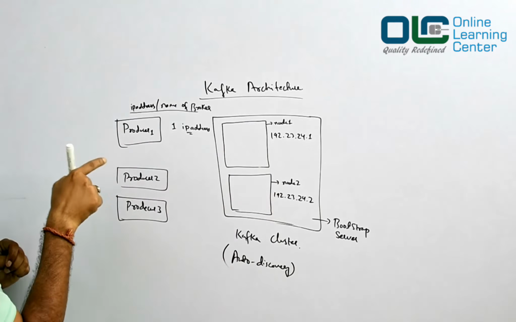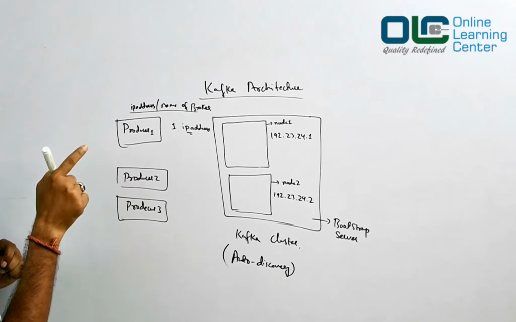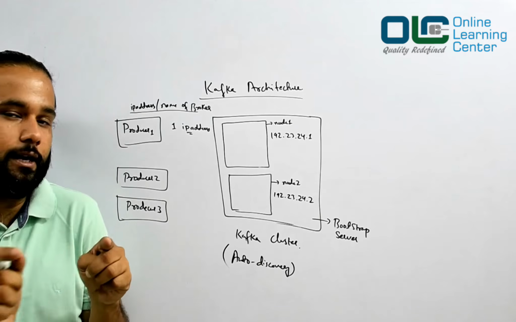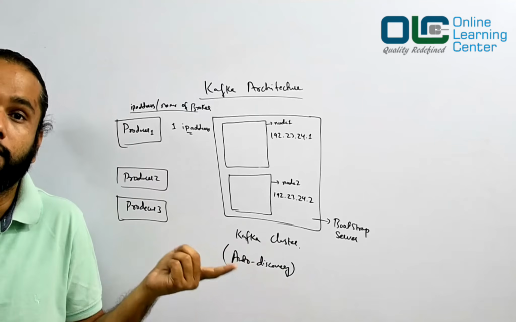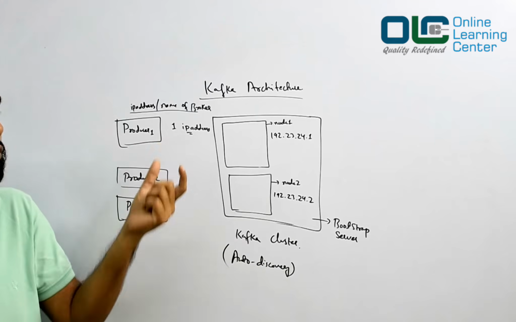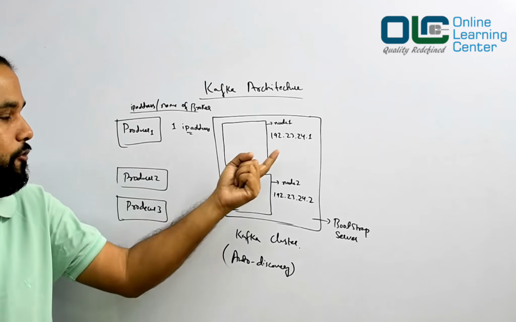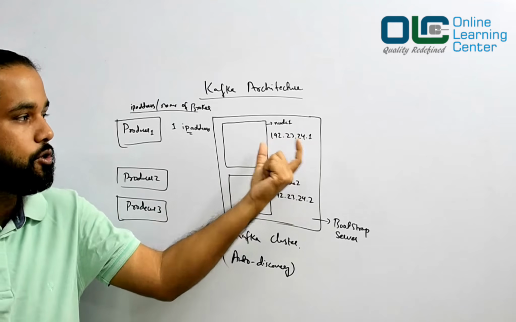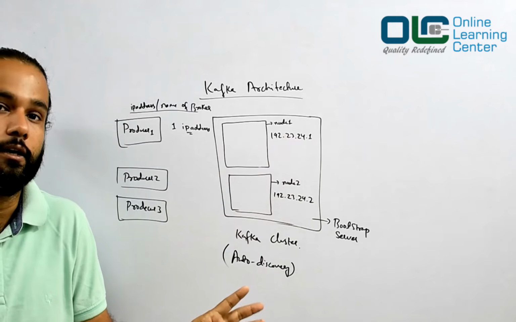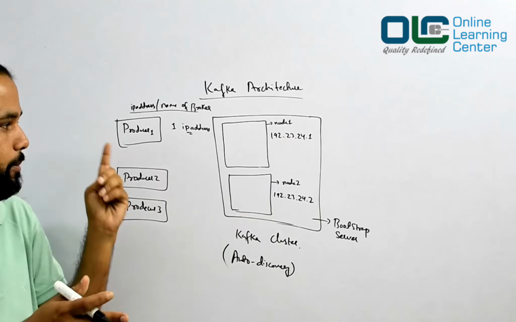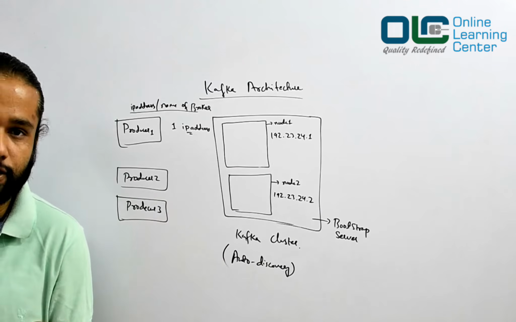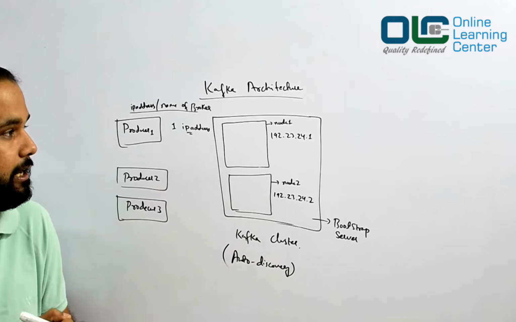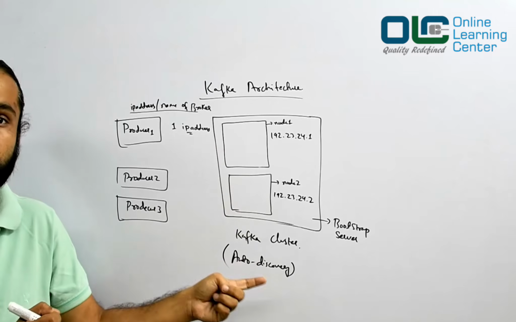So whenever you are writing a producer code, you need to have connectivity between your client code and your Kafka cluster, right? And all you need is one single IP address. And if you are giving only the IP address of the first node, that's it, that's done. Automatically, whenever you are writing the data, Kafka has a feature called auto discovery, which can help to get the information about the other servers.